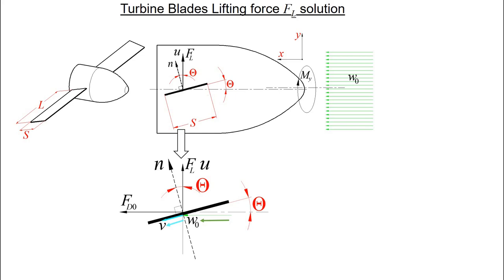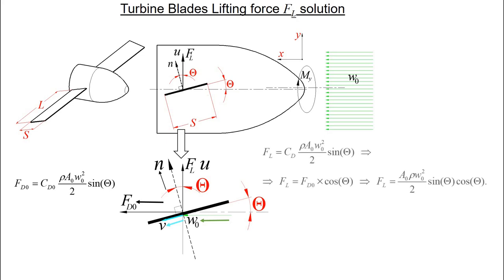The drag force shown here is noted as Fd0, solved according to this equation. Here N is the nominal force, always perpendicular to the blade surface area, and in the end lift force Fl is equal to this. Lift force is a product of two terms.